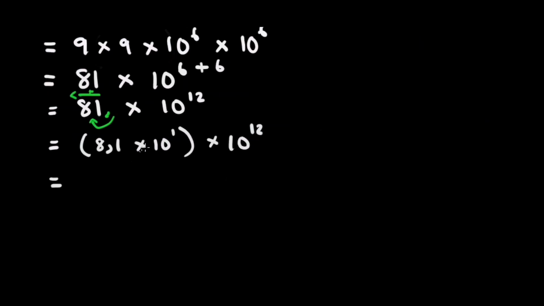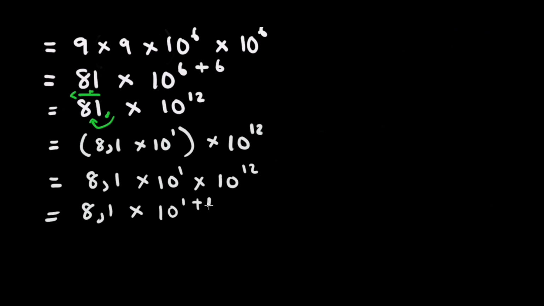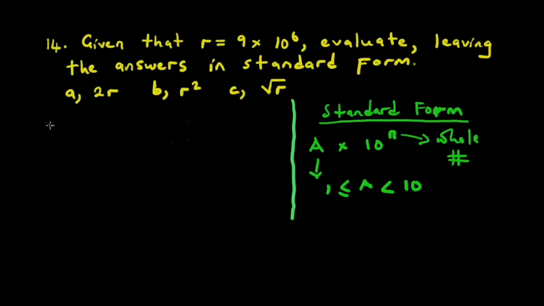Applying that law of indices, it means 8,1 times 10 to the power 1 plus 12, which gives us a final answer of 8,1 times 10 to the power 13. This is how part B is solved.